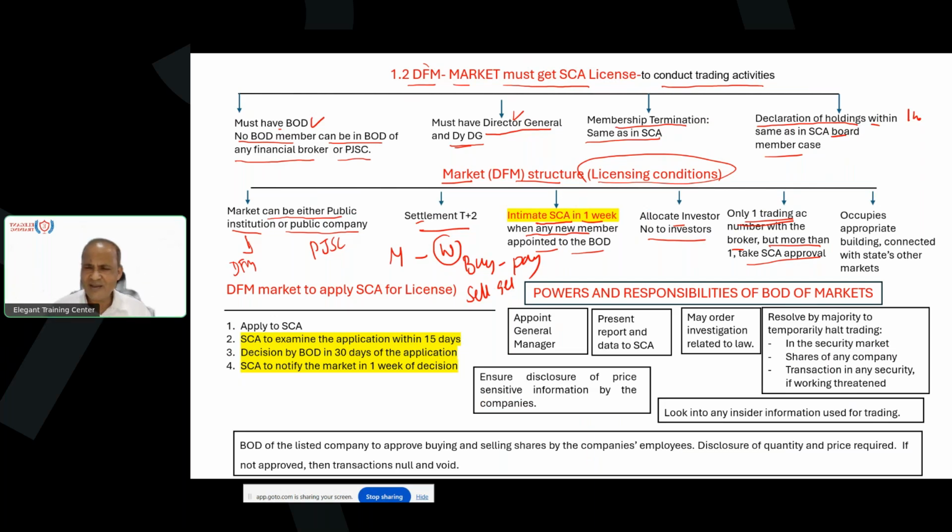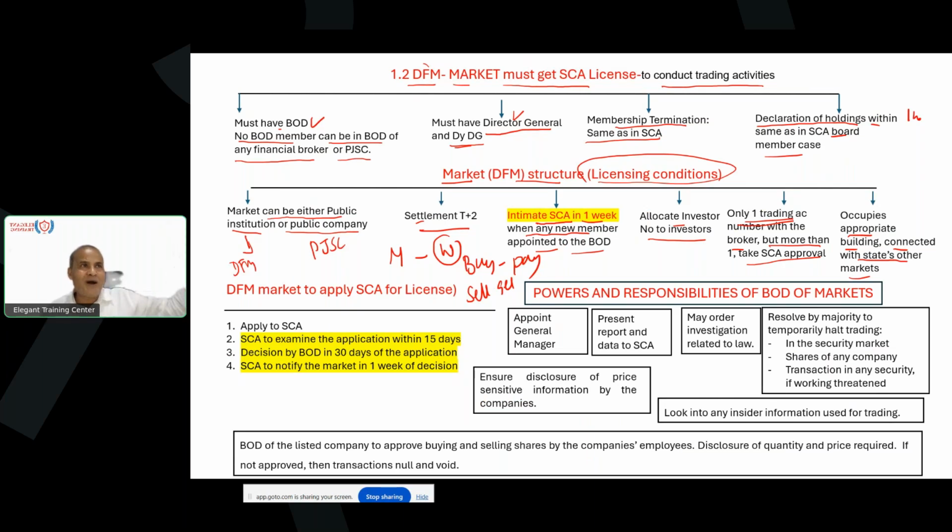Clear? Next, DFM occupies an appropriate building connected with the state's other markets. So the DFM building should be appropriate, equipped with all those facilities, and DFM should be connected to other markets in the country, like Abu Dhabi Stock Exchange, right?